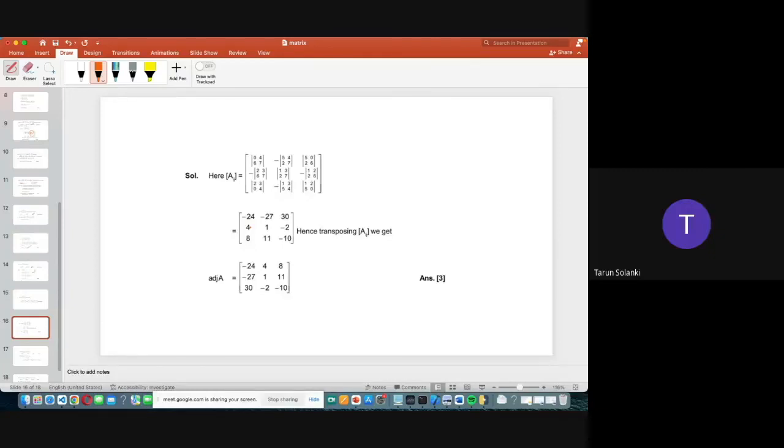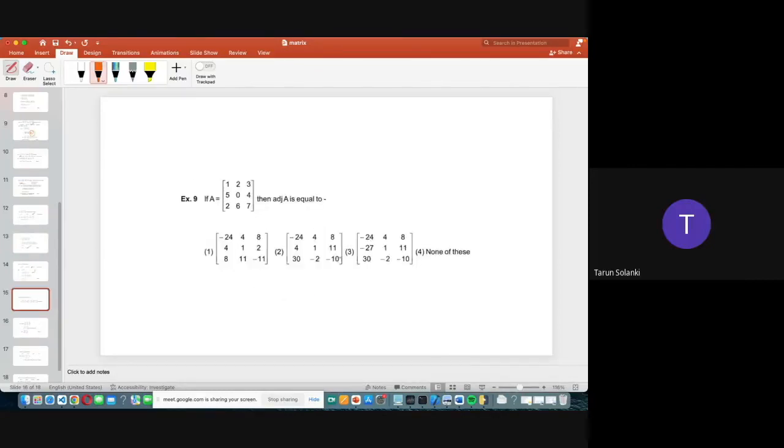So the transpose of A ij will give the adjoint of A, so let's change the rows into columns, so minus 24 minus 27 30, 4 1 minus 2 and 8 11 minus 10. So in the options, the third is the correct answer.